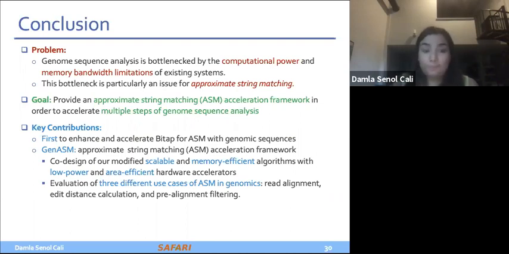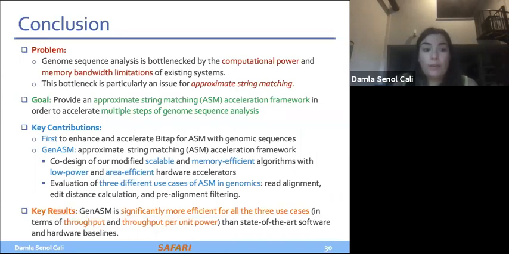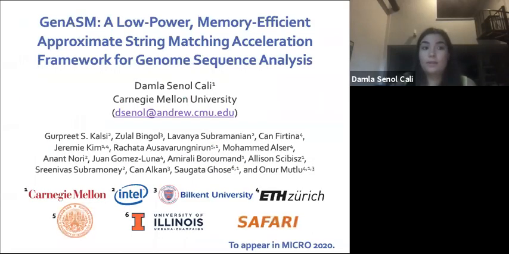GenASM is the acceleration framework where we co-design our modified, scalable, and memory-efficient algorithms with low-power and area-efficient hardware accelerators. We evaluated three different use cases of ASM in genomics, and we show that GenASM is significantly more efficient for all three use cases in terms of throughput and throughput per unit power than state-of-the-art hardware and software baselines. Thank you.